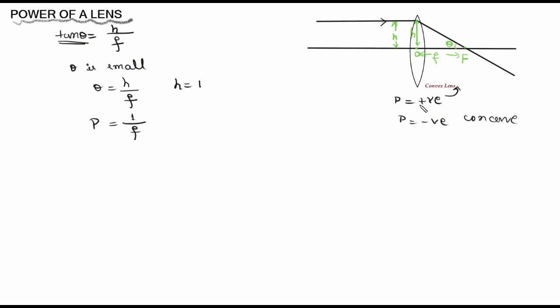So when an eye specialist writes something with a negative sign, -4, -2 or -3, it means the doctor has suggested concave lenses for the eyes. So this is about power. It is defined as the tangent of the angle by which it converges or diverges a ray of light parallel to the principal axis incident at unit distance from the optical center.